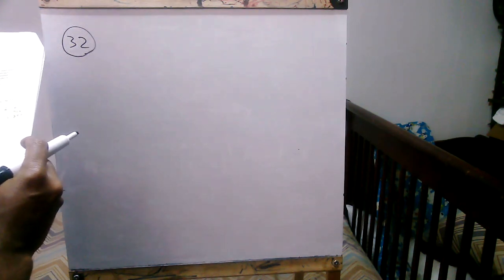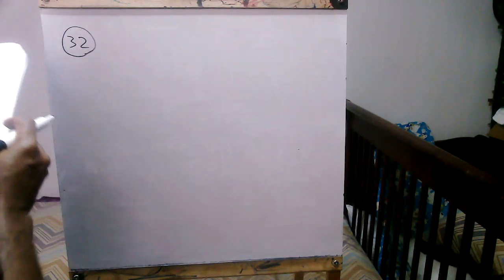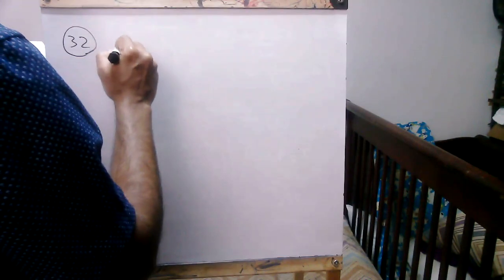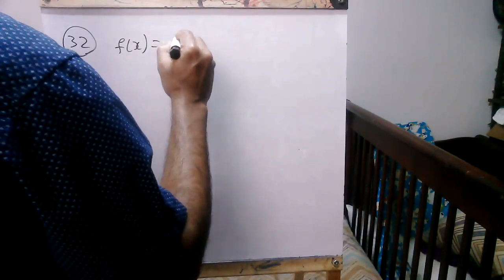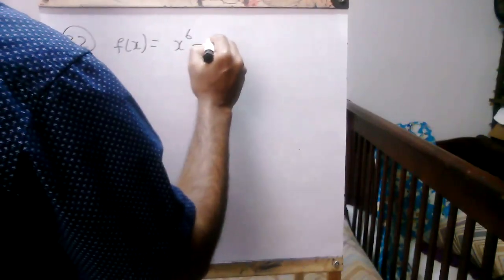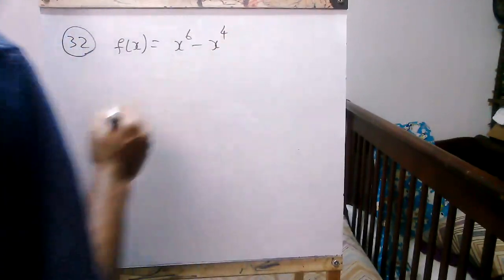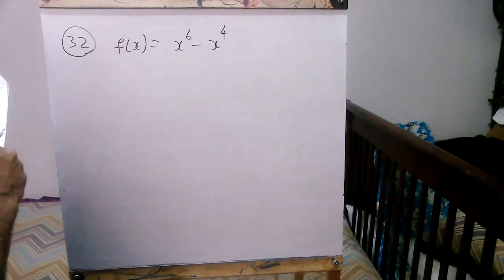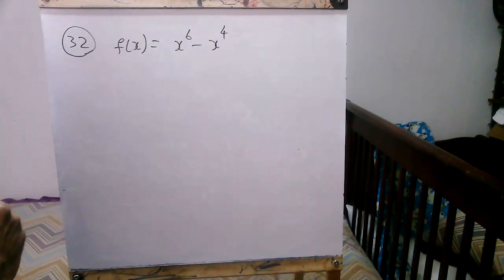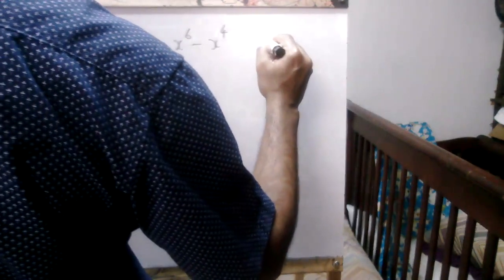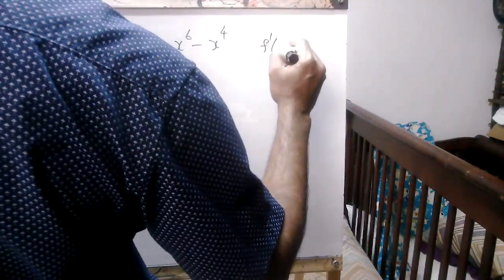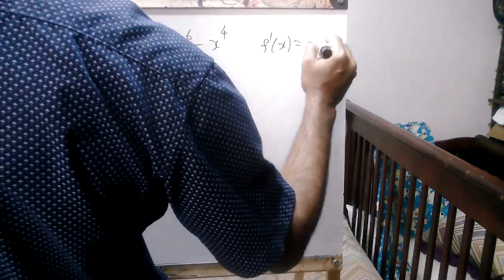Which of the following is an equation of the line tangent to the graph f(x) equals x to the 6 minus x to the 4 at the point where f dash x equal to negative 1. f dash x equal to negative 1.